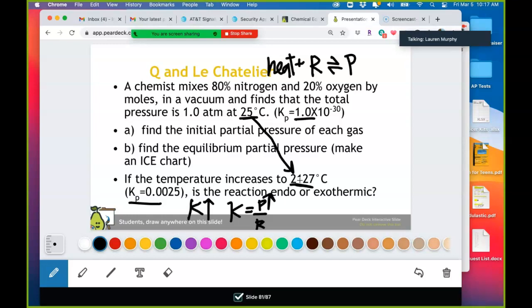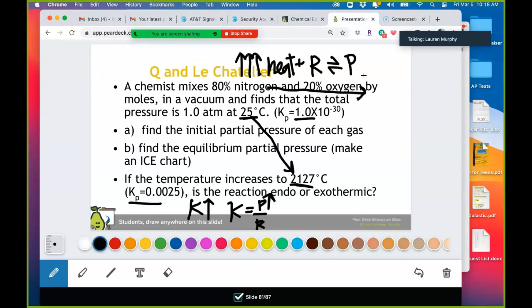I am increasing heat, right? 25 to 2127 is an increase in temperature. So if it's endothermic, I am adding stress to the side with heat on it, which in this case is a reactant. So if I increase temperature, I increase heat, which way will I shift? To the right to alleviate that heat.